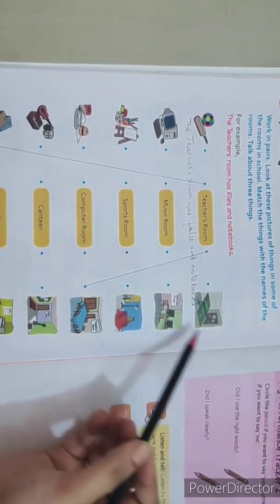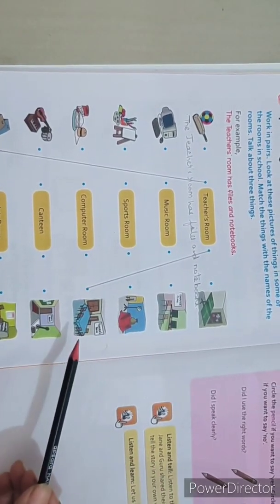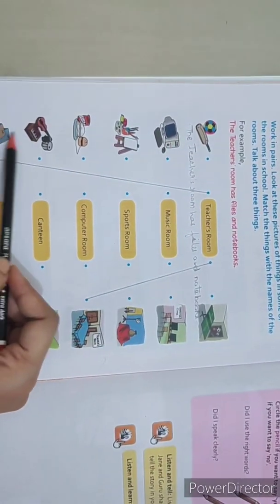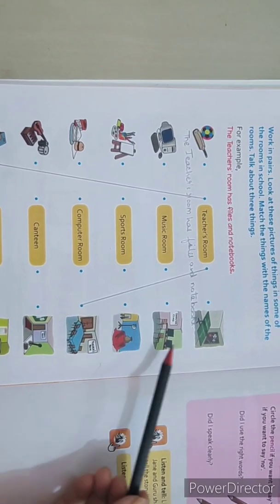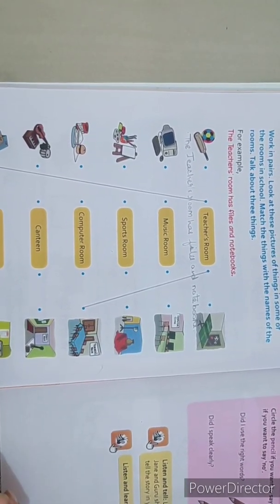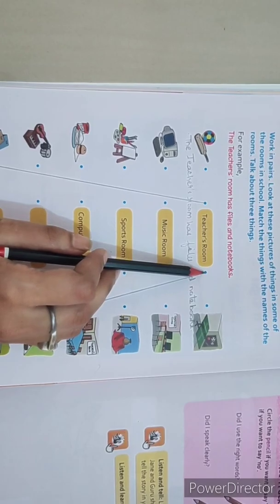On the left hand side, these are the things that are found in this particular room, and on the right hand side are the names of the room. So you have to match the dots with a line from one dot to the other dot.